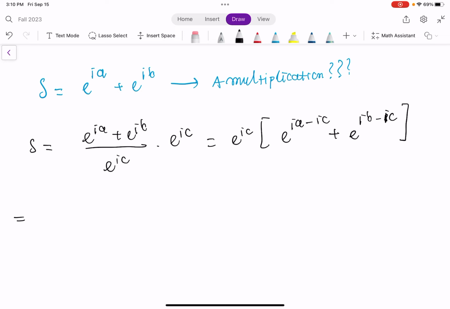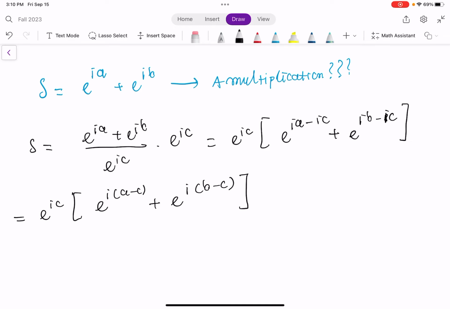So this is going to be e to the power ic times, and I should use the other bracket, my bad, e to the power i(a minus c) plus e to the power i(b minus c).